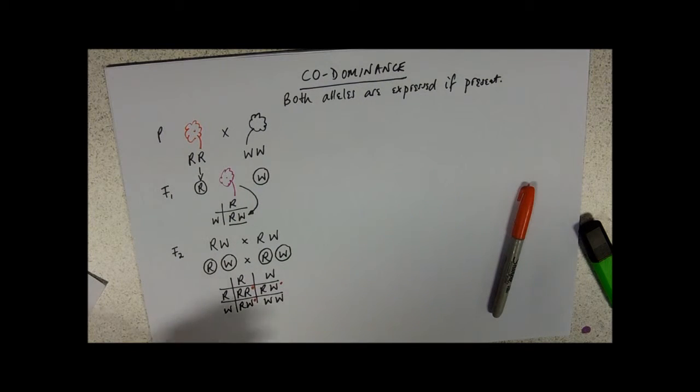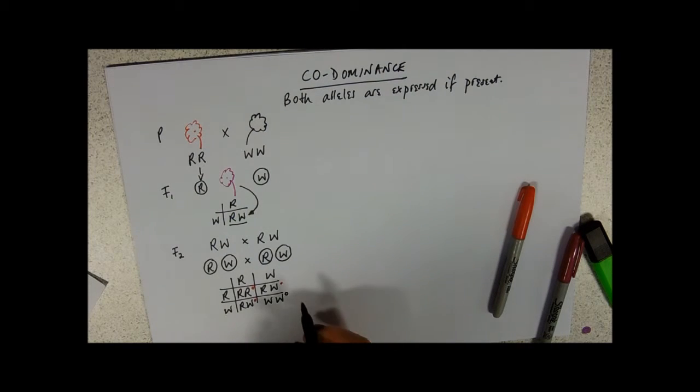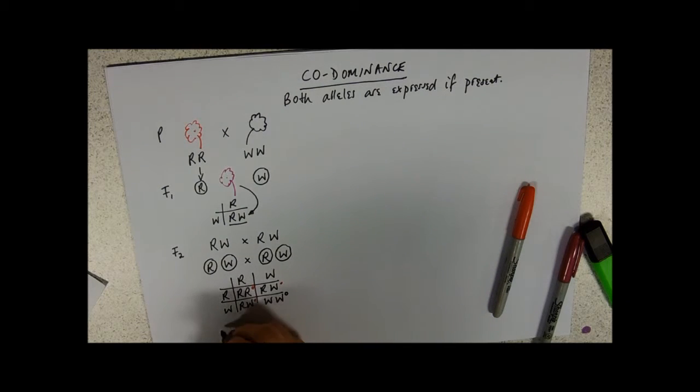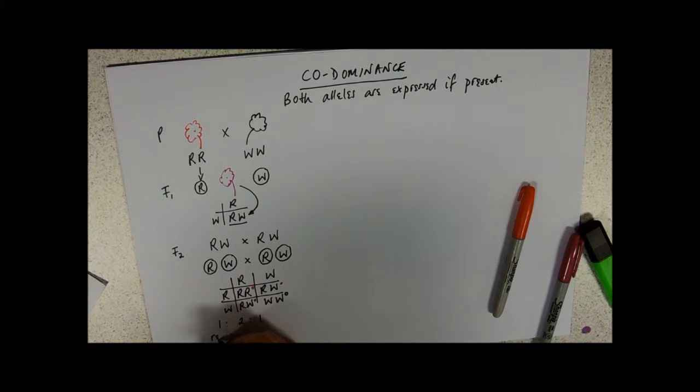So you can see that this is a variation on that 3-to-1 ratio. We've still only got 4 offspring. Normally in dominant-recessive crosses we'd expect to get 3 dominants to 1 recessive. Now we're getting a 1-to-2-to-1 ratio, and here are the phenotypes: red, 2 pinks, to white.